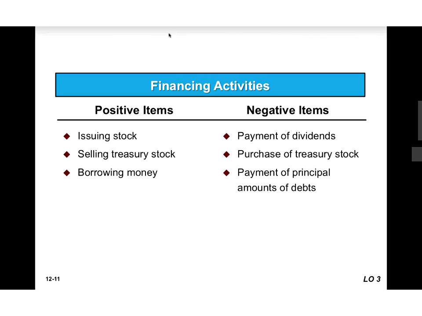And then the deductions for financing are things like buying treasury stock, repaying principal on long-term borrowing, payment of dividends. Okay, so financing activities have to do with long-term liabilities and stockholders' equity.